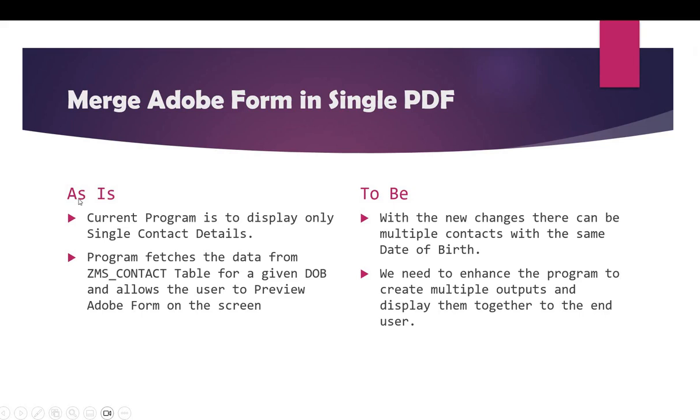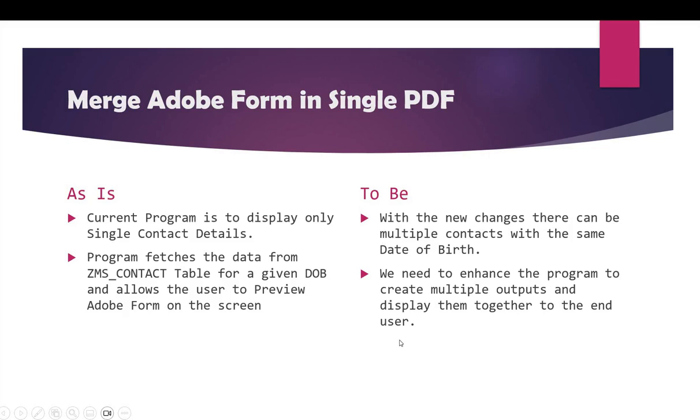Currently the program was to display only a single contact detail. So I have created one SFP form that takes only one contact detail and displays it in the form. Even if we take the DO program with the DOB, it will allow only one Adobe form to be displayed on the screen.